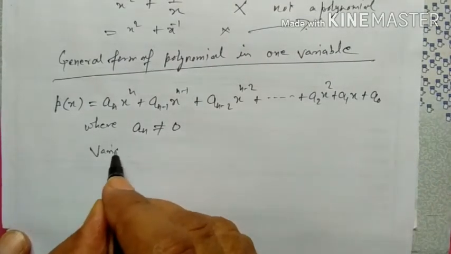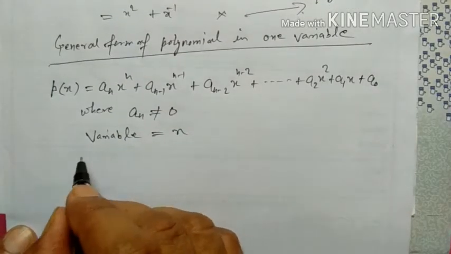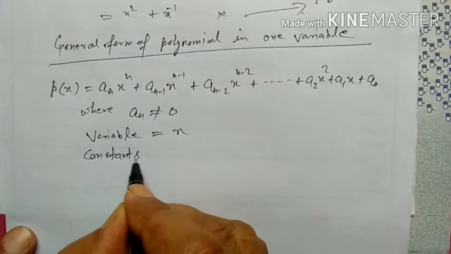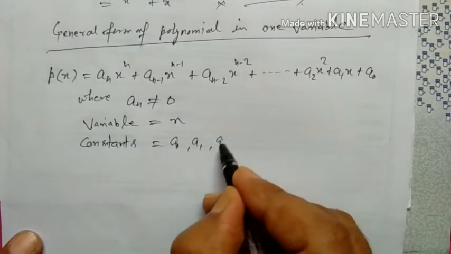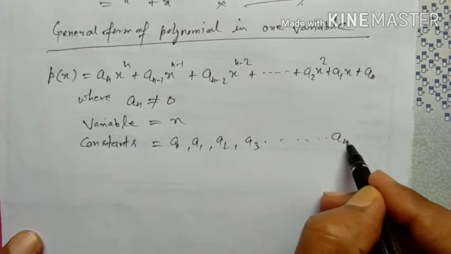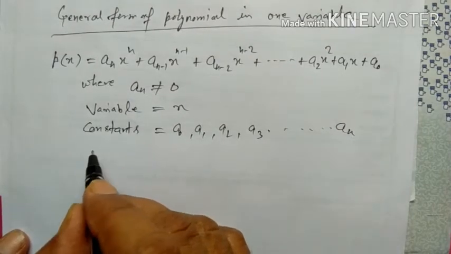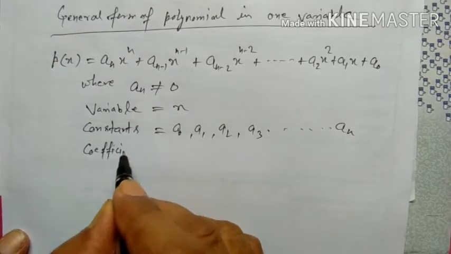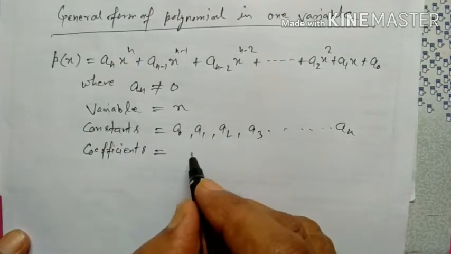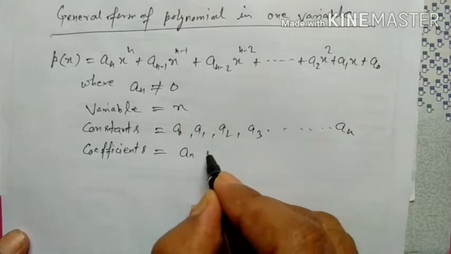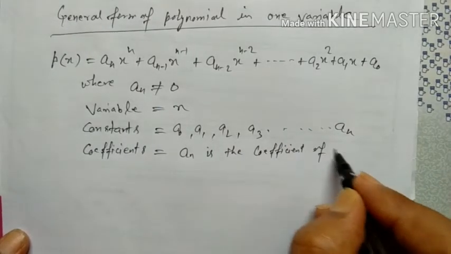Here the variable is x, and the constants are a0, a1, a2, a3 up to an, and these are coefficients. an is the coefficient of x power n.